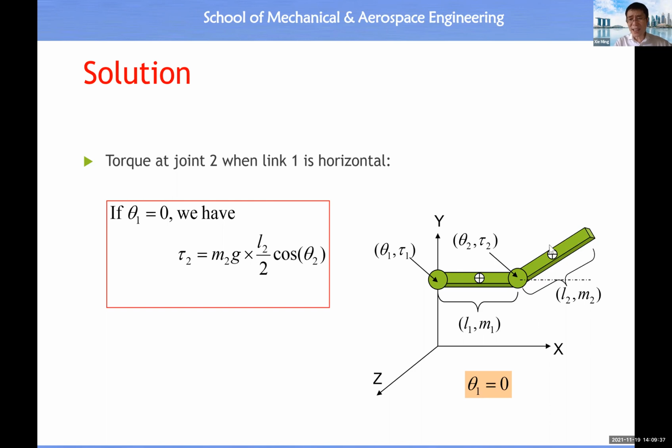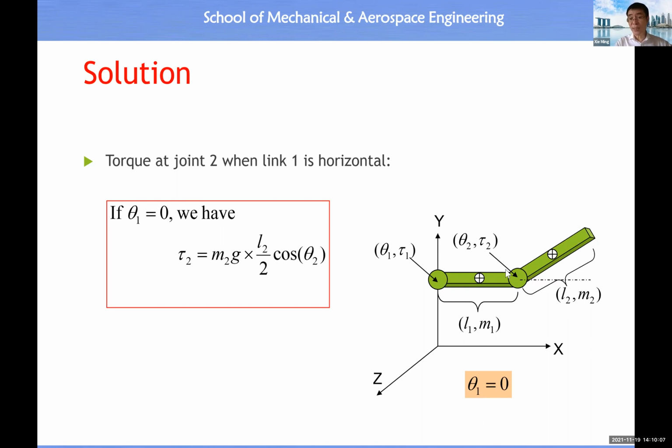So then in this case, what is the moment arm of M2G? Moment arm of M2G is equal to half of L2, the link length of L2, times cosine theta 2. Okay, so half of the length of link 2 times cosine theta 2 times M2G should be equal to the external torque due to M2G.